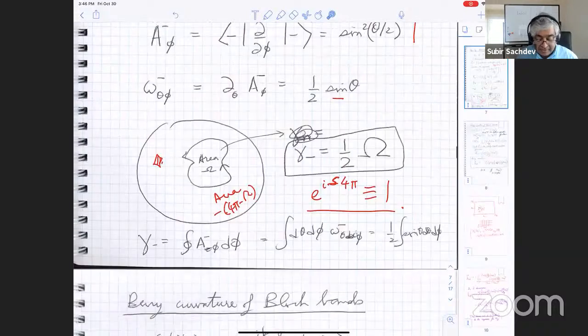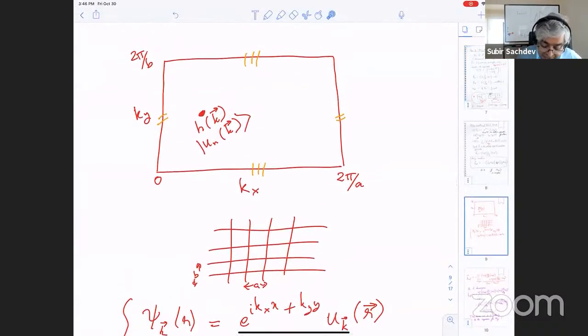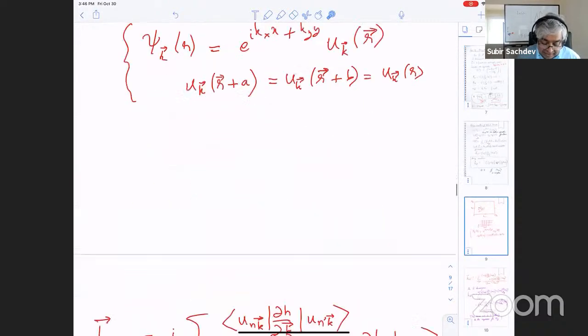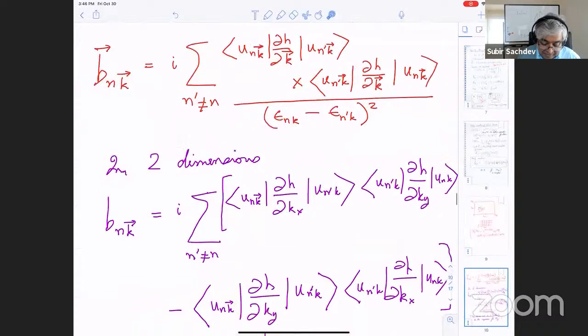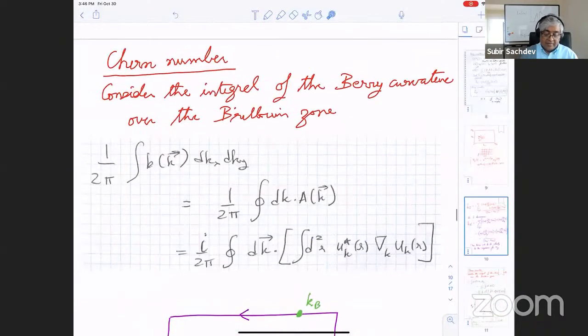Now we don't take the integral over the sphere, but we're going to take the integral over this torus over here. So we take our Berry curvature, which has many different definitions, and we're going to integrate it over all kx and ky.